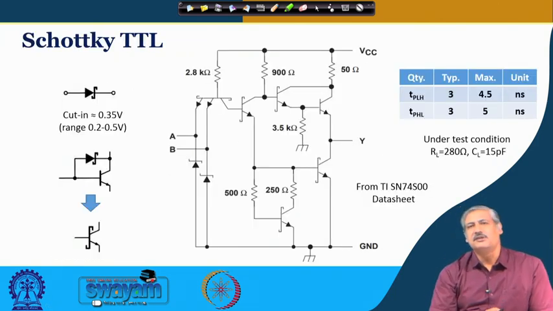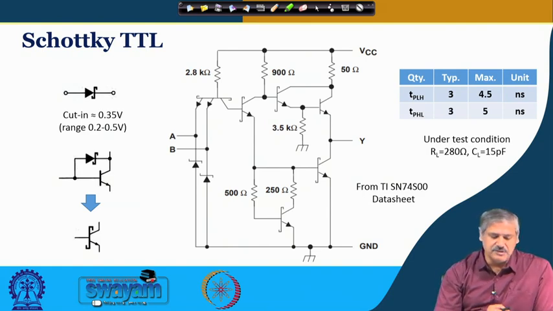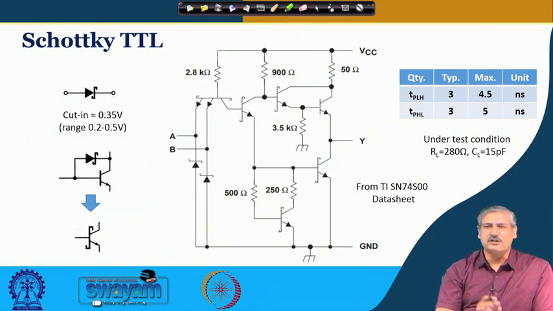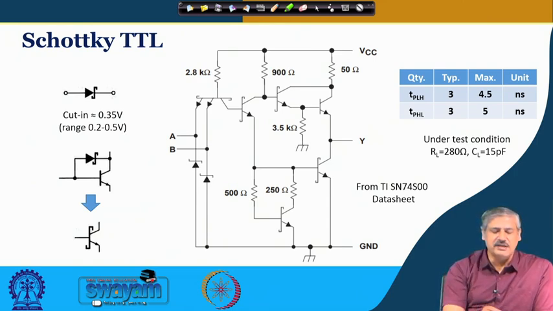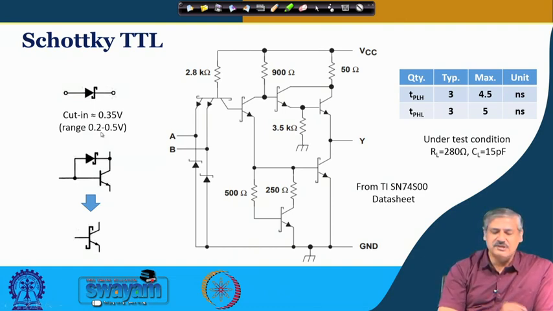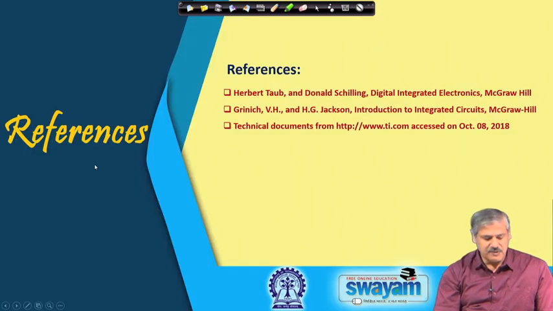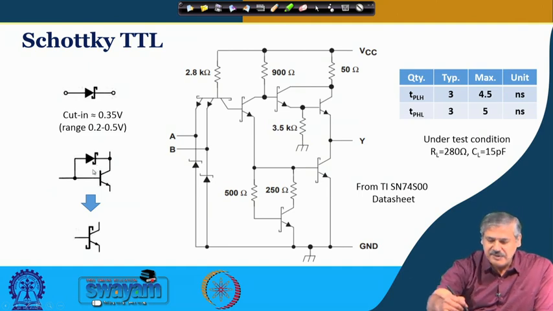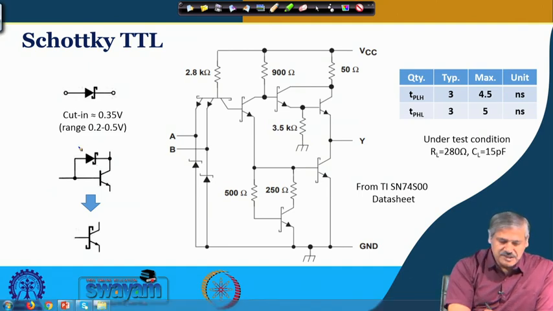And the last topic that I would like to mention here in today's class is the use of Schottky diode in the TTL configuration. Schottky diode is a metal semiconductor junction and it can provide a cut-in voltage in the range of 0.2 to 0.5 volt. So, this is used between base and collector of a transistor, and because of this, the voltage is clamped to say 0.35 volt if you manufacture in that manner, and this is your 0.75 volt.